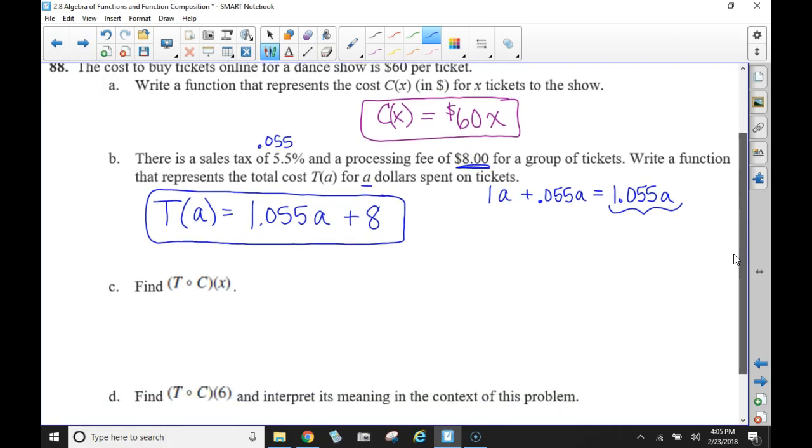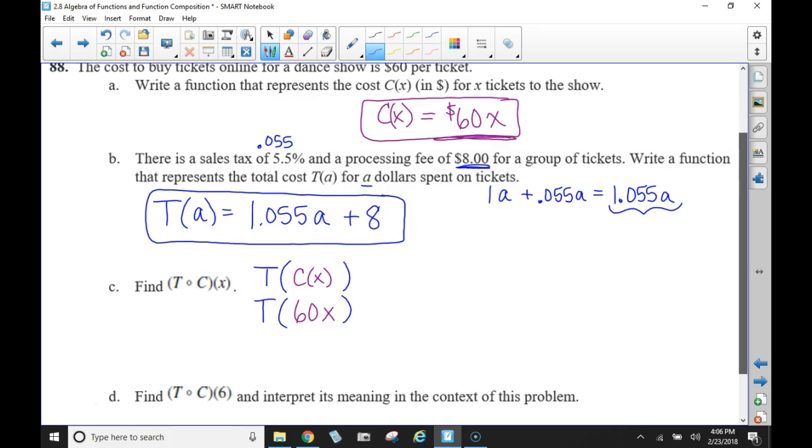Now on part C, when they ask us to find T composition C of X, recall that means the outer function T evaluated at the inner function C of X. All right? So for us, it's going to be T evaluated at the inner function, which is 60x.